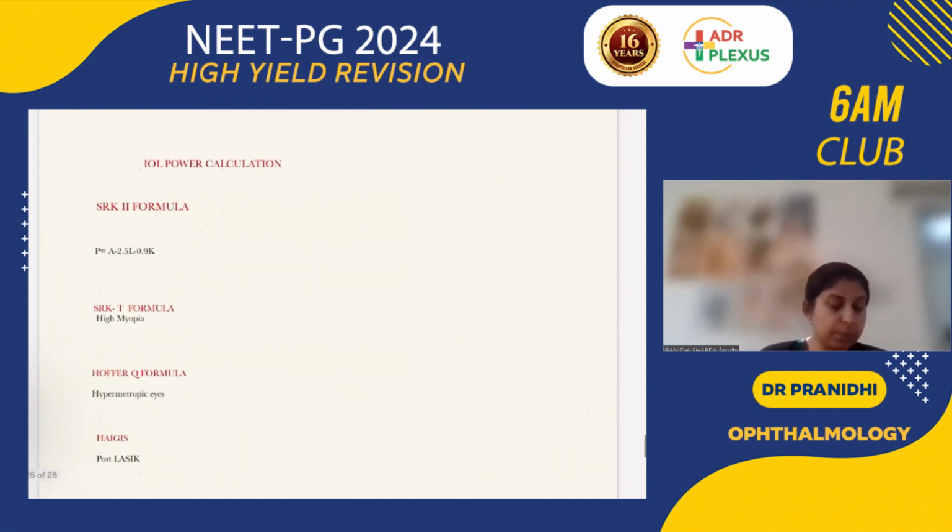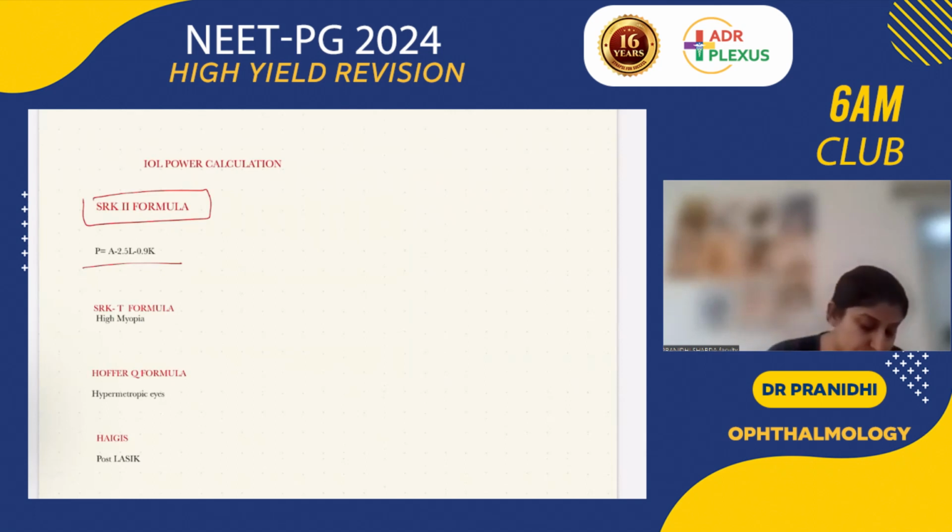These are some methods to do the IOL calculation. This is the most commonly used SRK2 formula. P stands for power, A stands for a constant, which can be constant for a particular machine or a particular surgeon. L is the axial length of the eye, and K are the keratometric powers.